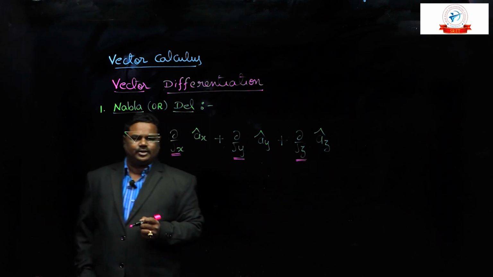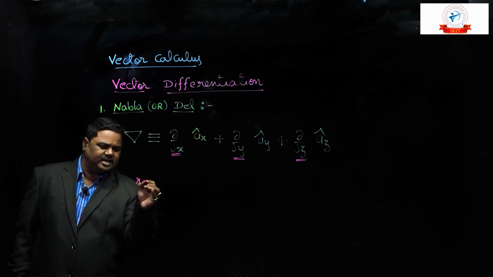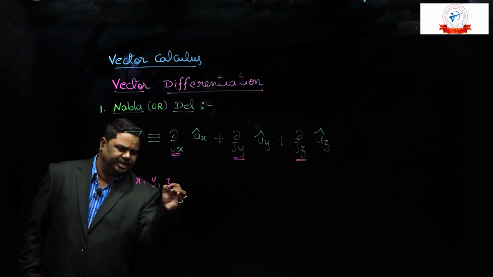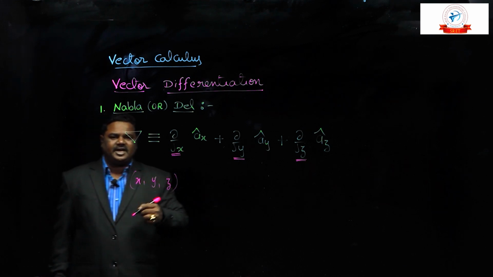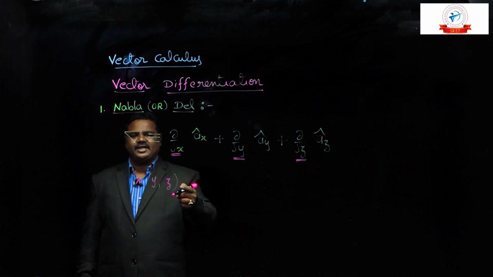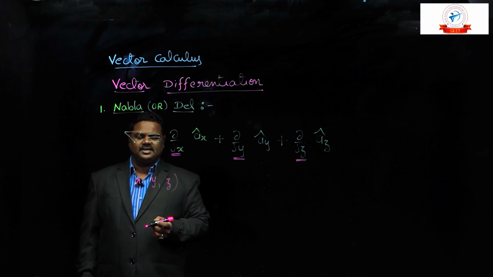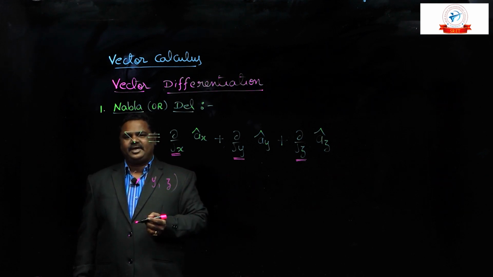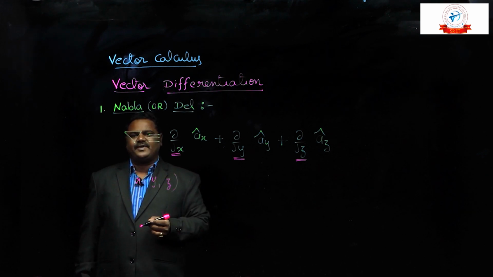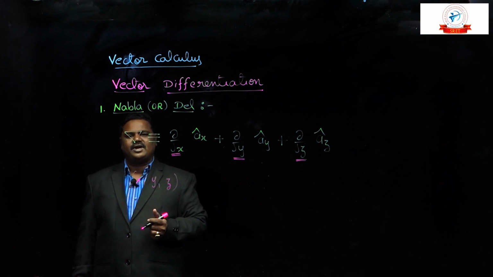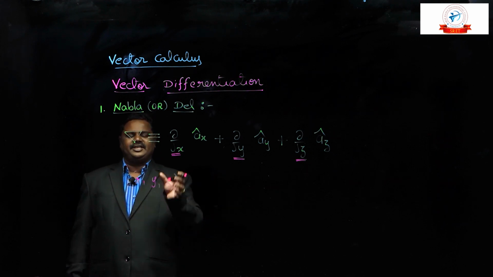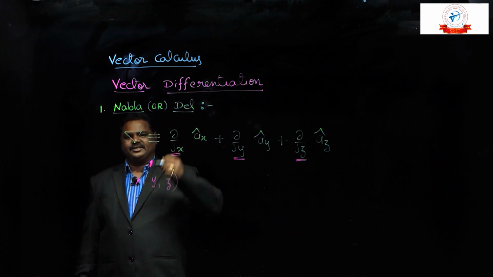Okay. So, let us consider what x, y, z are. Generally, x, y, z are coordinates. What is the purpose of these coordinates? These coordinates are used to address a point in the free space.